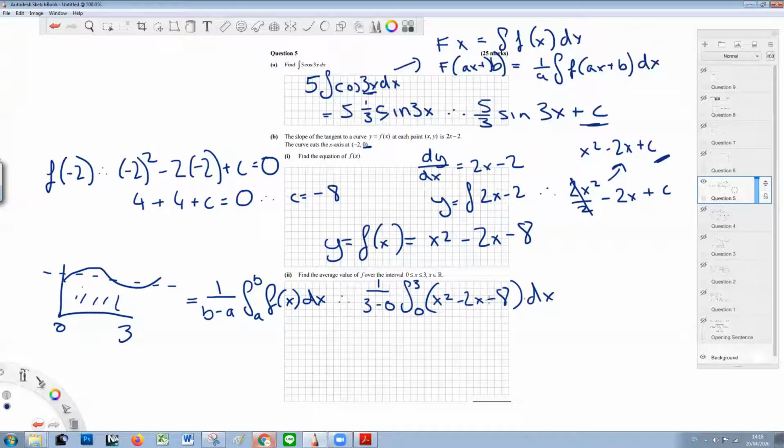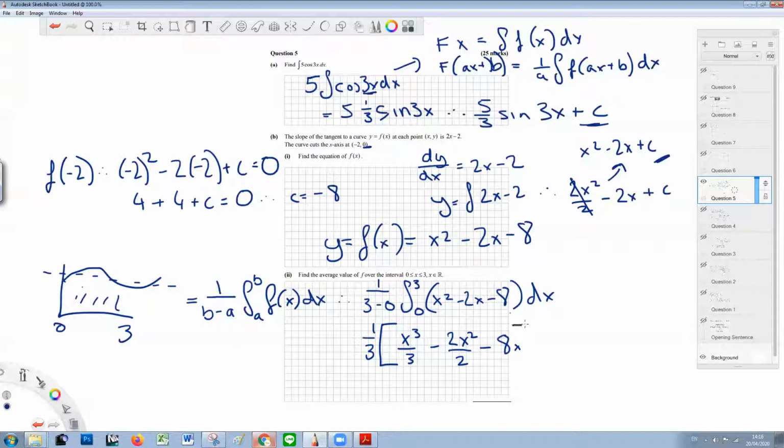And that's very quickly just going to be 1 over 3, times x cubed over 3 minus 2x squared over 2 minus 8x.